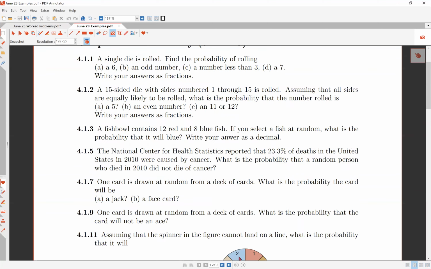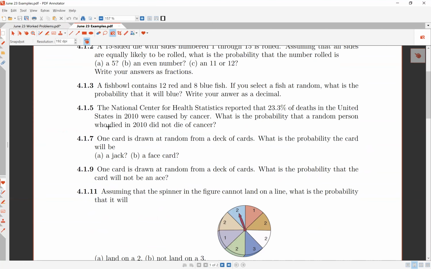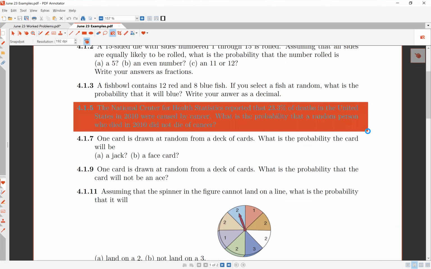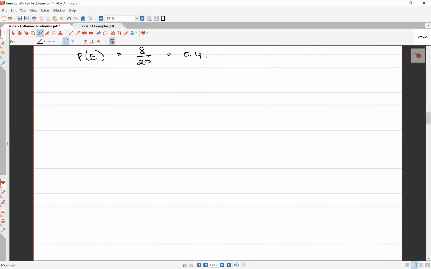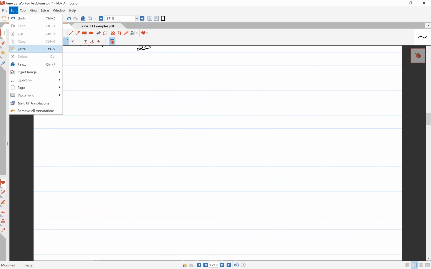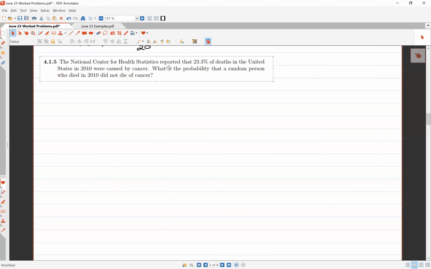Let's look at our next example. The National Center for Health Statistics reported that 23.3% of deaths in the United States in 2010 were caused by cancer. What is the probability that a random person who died in 2010 did not die of cancer?